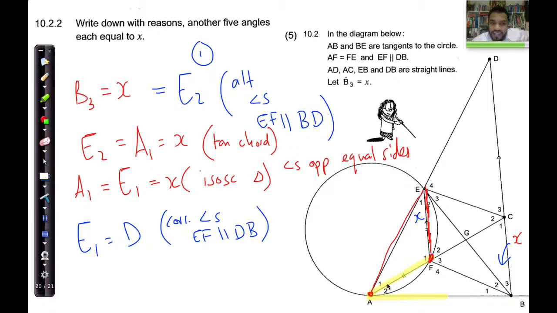That means that A2 is also equal to x. Now, that's because that's the converse of the tangent. We know this is a tangent, but we've already got this angle. So it means that angle must also be equal to x. We know that's x. We know this is a tangent. We know that's a chord. If that is x, then this must also be x, working a little bit in reverse from where we usually come from. So therefore I'm going to say that E1 is equal to x, which is equal to A2.